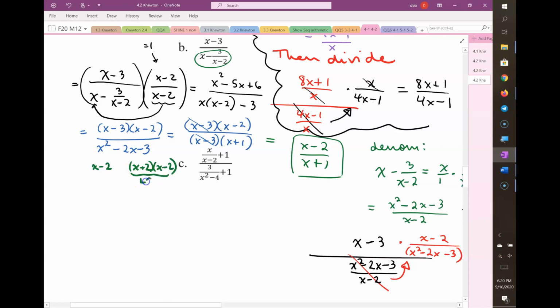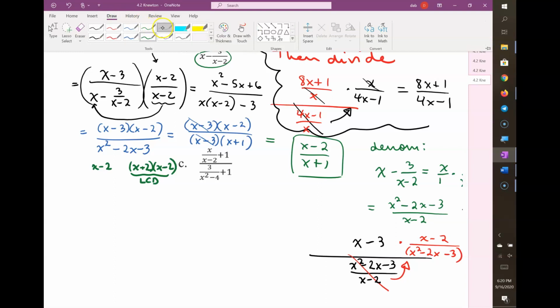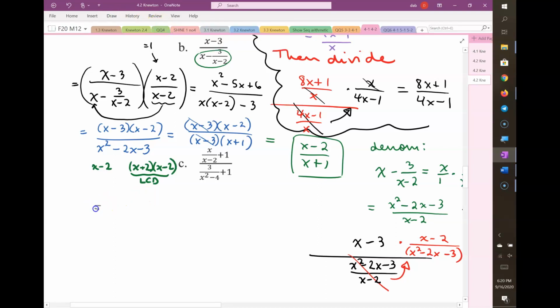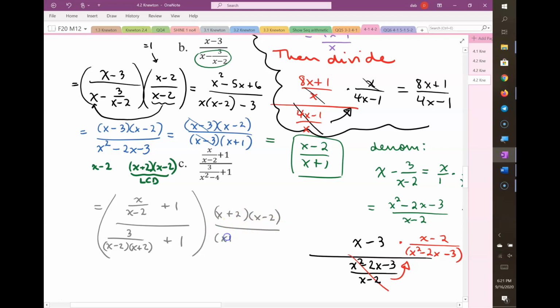So this is my lowest common denominator. So I'm going to multiply the numerator and denominator by this common denominator of x plus 2, x minus 2 divided by x plus 2, x minus 2.